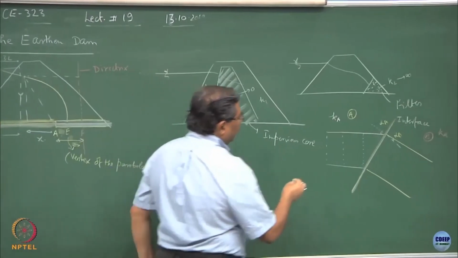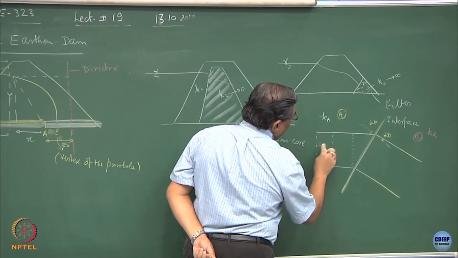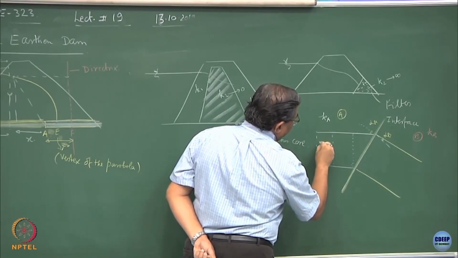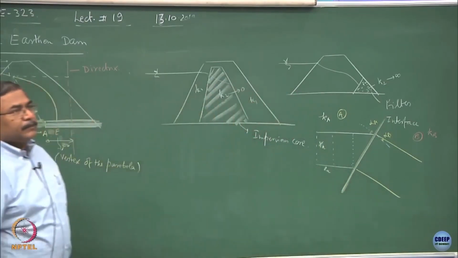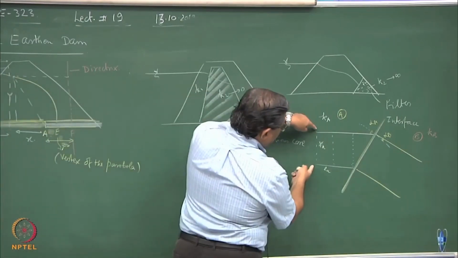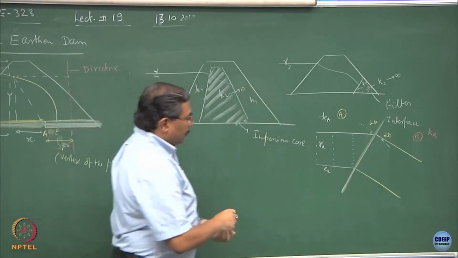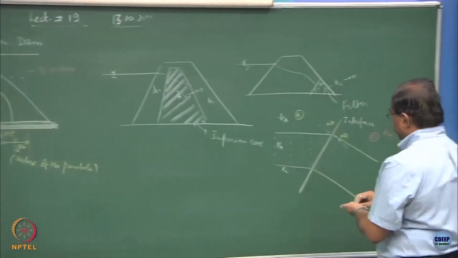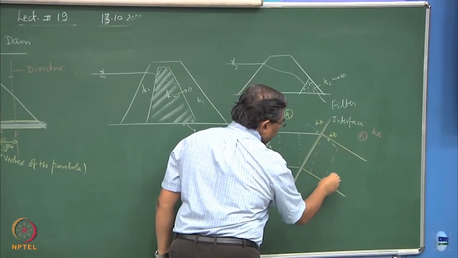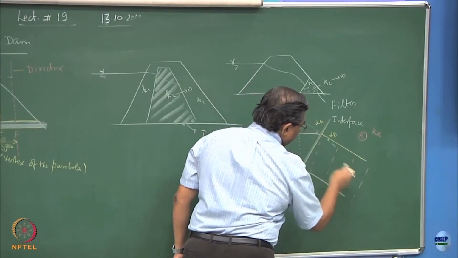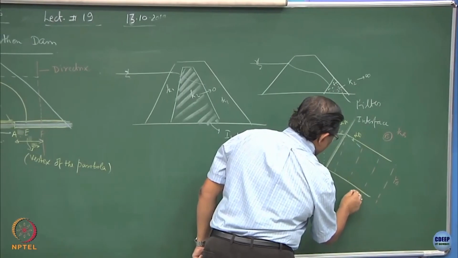I can assume this to be, let us say, x, y A, L A. So, Y A is the width of the channel, L A is the length of the channel. The same thing can be done over here also. So, this is Y B and L B.